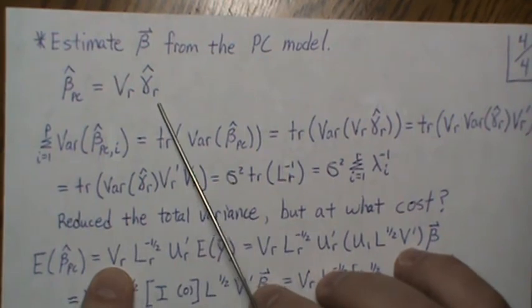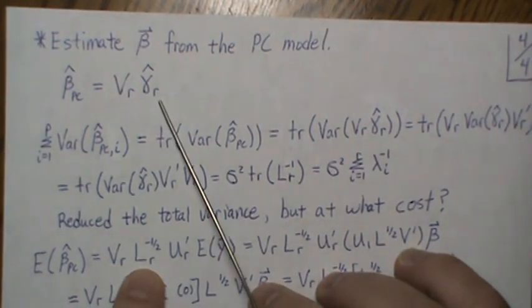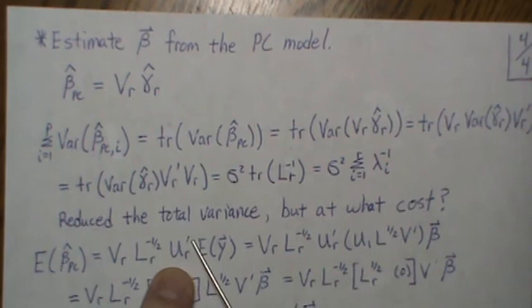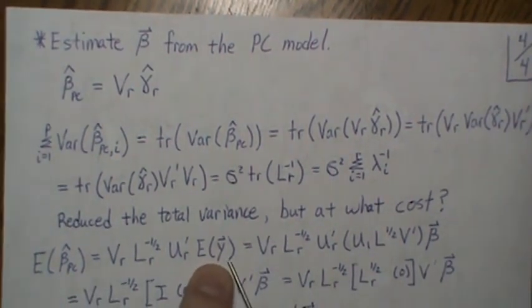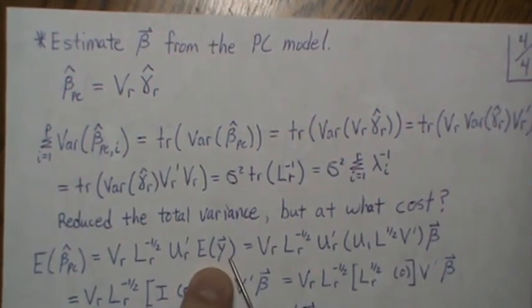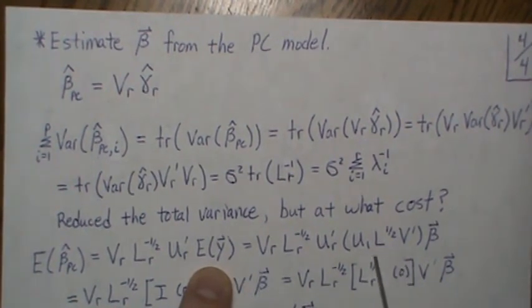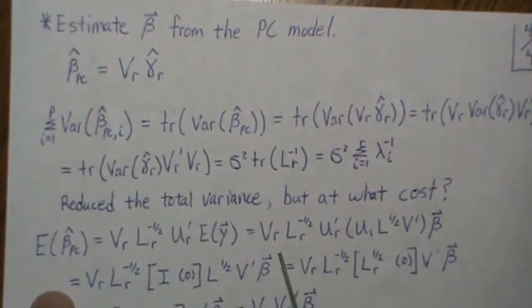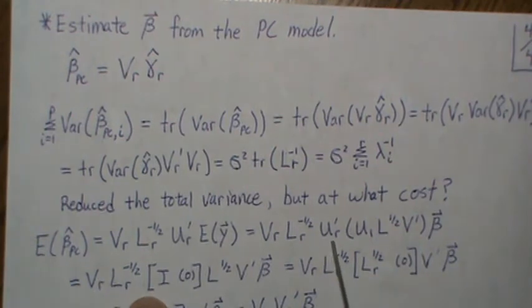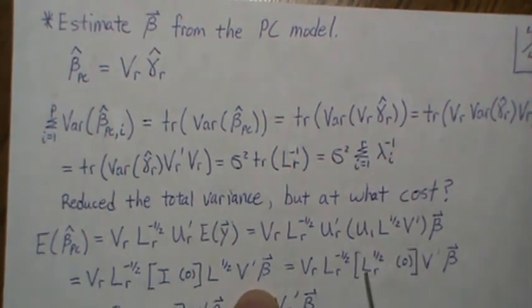Now the least squares estimate for gamma R was LR to the 1/2 UR prime Y. And so the expected value goes into that Y. The expected value of Y is X beta, but we're going to write X in its spectral decomposition form and then beta. So now we just unfold it. U1 is UR and U0, so the UR prime UR is identity and the rest are 0. That's where this comes from. L to the 1/2 V prime beta.